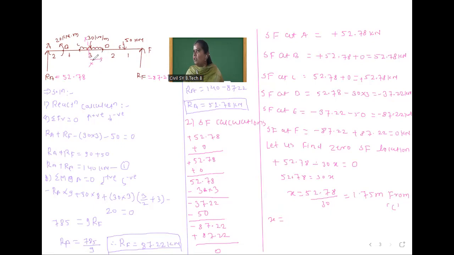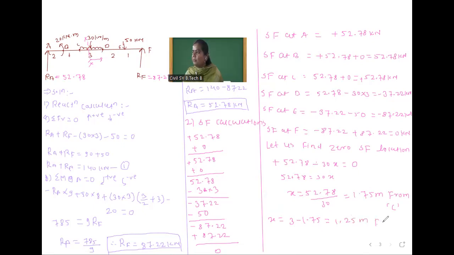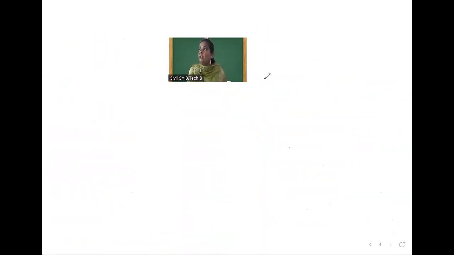So this remaining is 3 minus 1.75, which is equal to 1.25 meter from D point. So at this point, shear force is 0, and same here, bending moment is maximum. Now we will calculate bending moment.